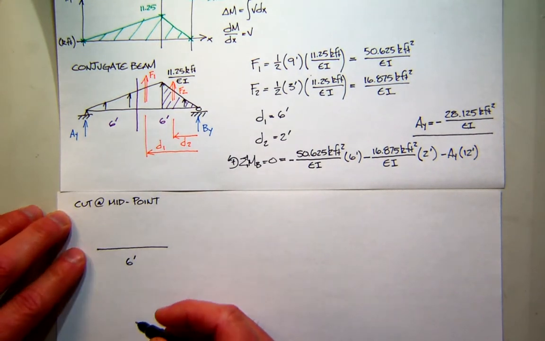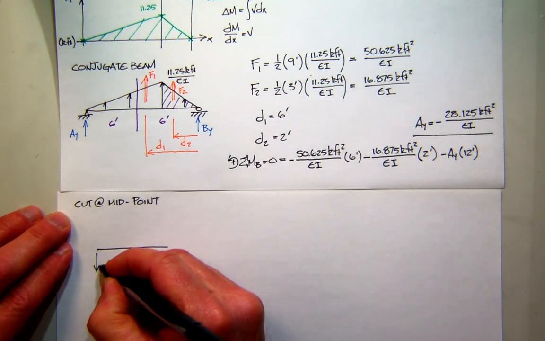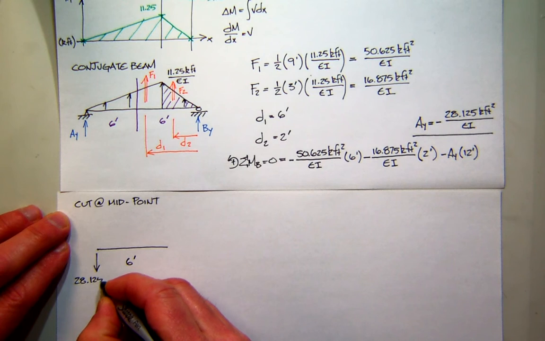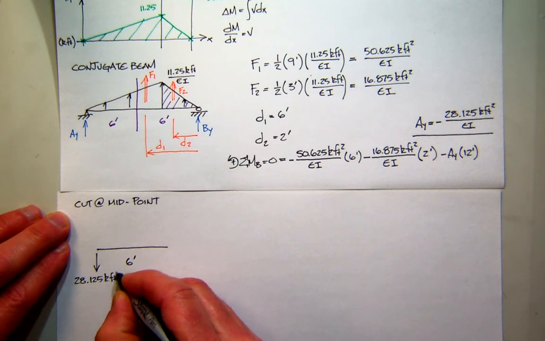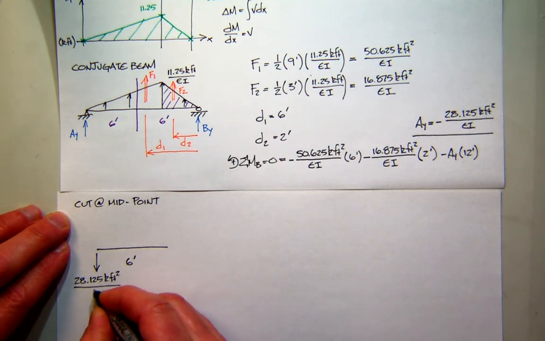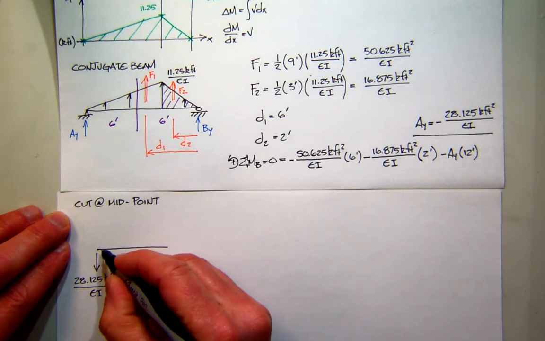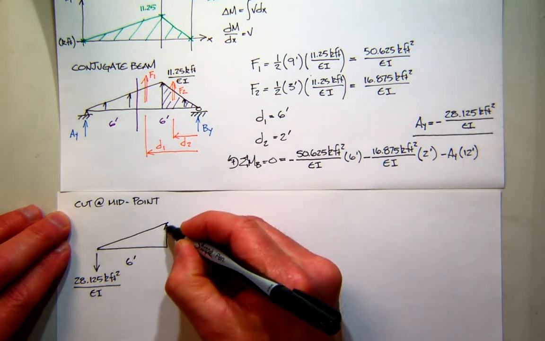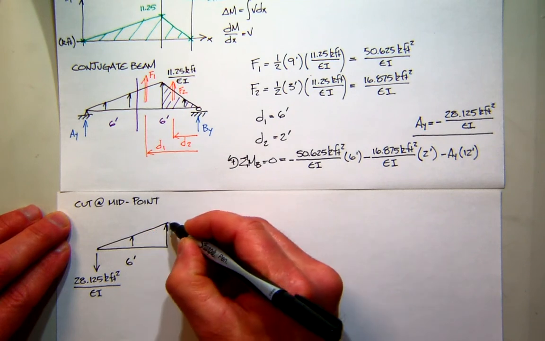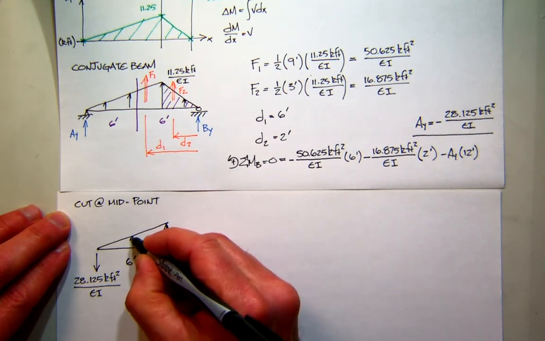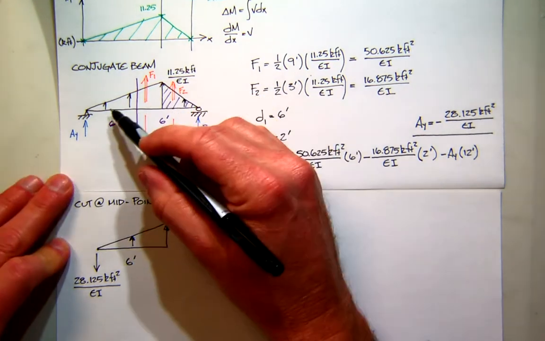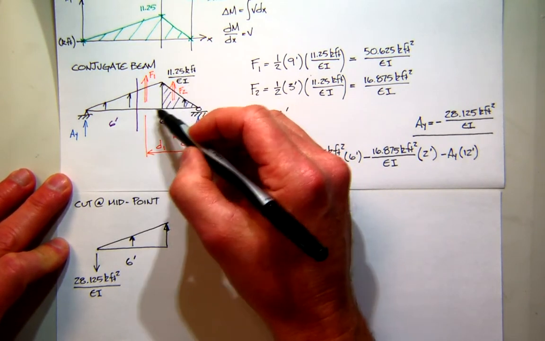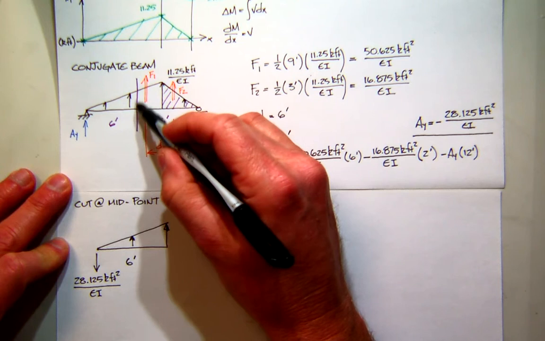I have my reaction at A, which is negative 28.125 kip feet squared divided by EI. And then I have a portion of the load. All right? And what is that value? Well, I know that the maximum height here is 11.25, but that's at 9 feet. So at 6 feet over, what would it be?